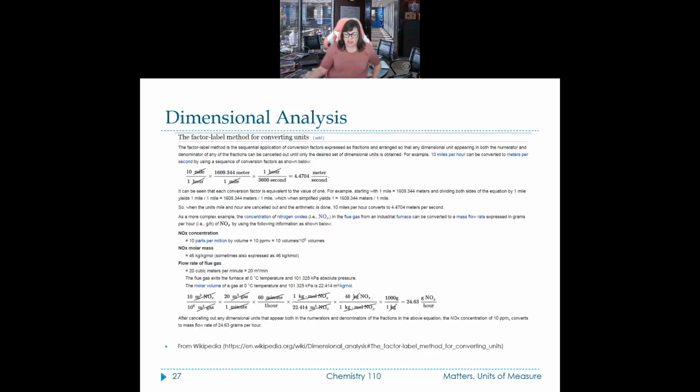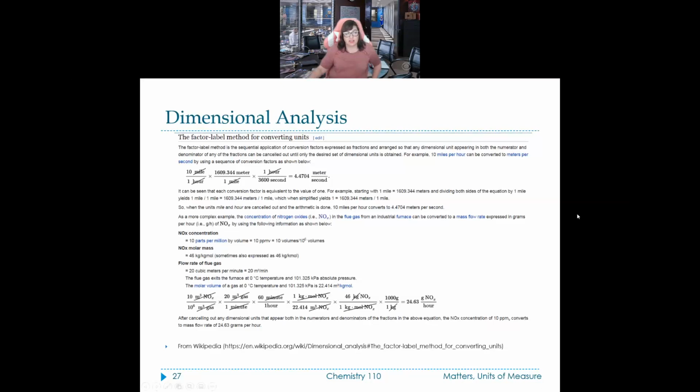I don't like it. It didn't make a lot of sense to me, but I knew what units each of those numbers were supposed to have. So if I was asked to calculate something, I knew what units it was supposed to be in. I could look at the numbers that I had and figure out how to get from where I was to what I needed. Chances were, if I got the right units, I got the right answer. That's what this is based on.